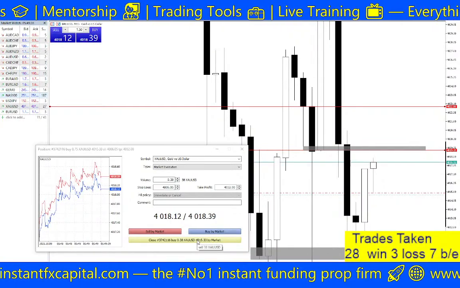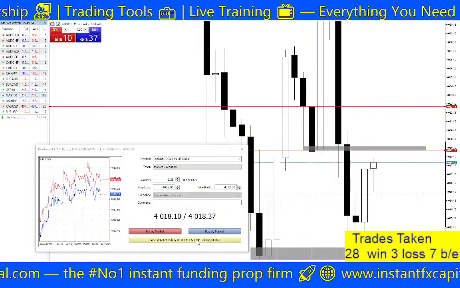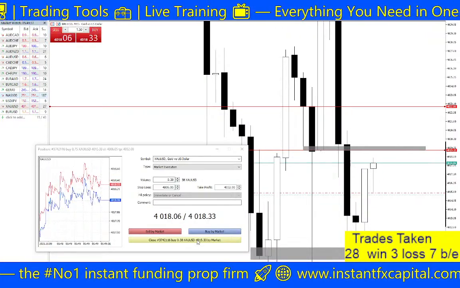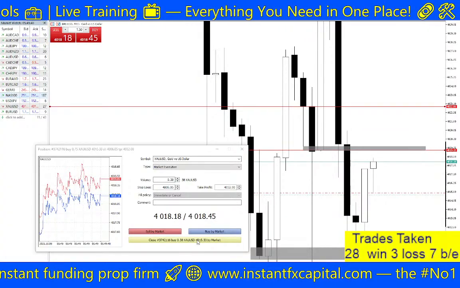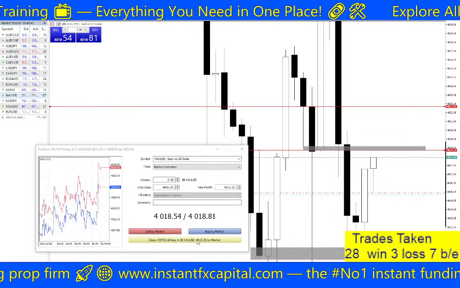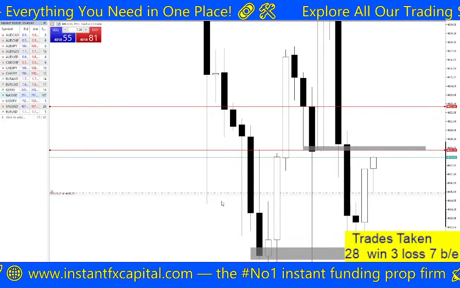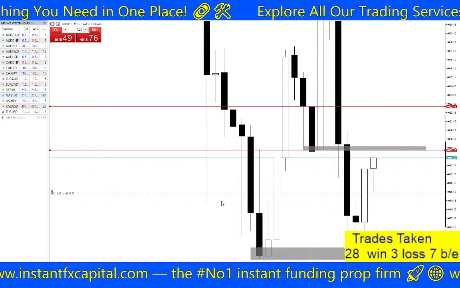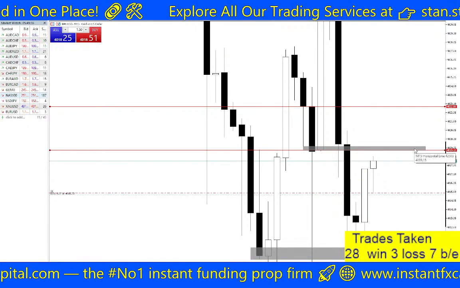Just anywhere just below that or in and around that $19, 4,019, I'm just going to take some off. That'll do. There we go. Nice little chunk of change there. Okay, so now it can do whatever the hell it likes.